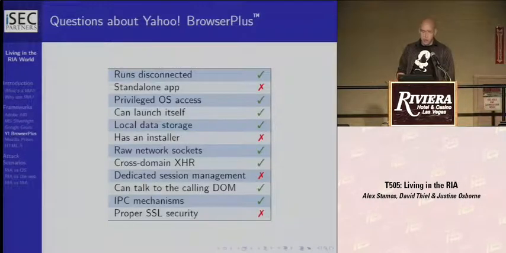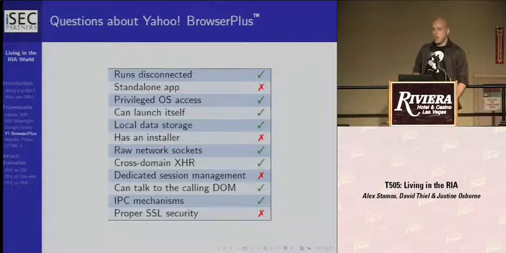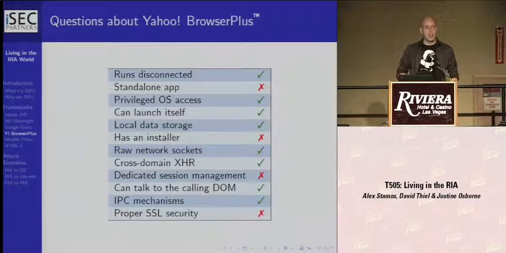So the components of Gears are pretty simple. Yahoo Browser Plus kind of goes in a weird direction, where the idea is making it so that developers, rather than writing using a little framework for local data storage or other mechanisms like that, can make it really easy to write their own modular browser plugins.